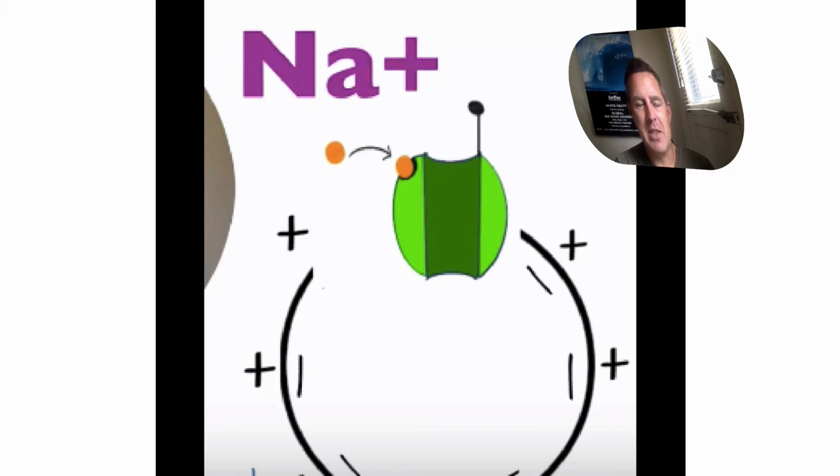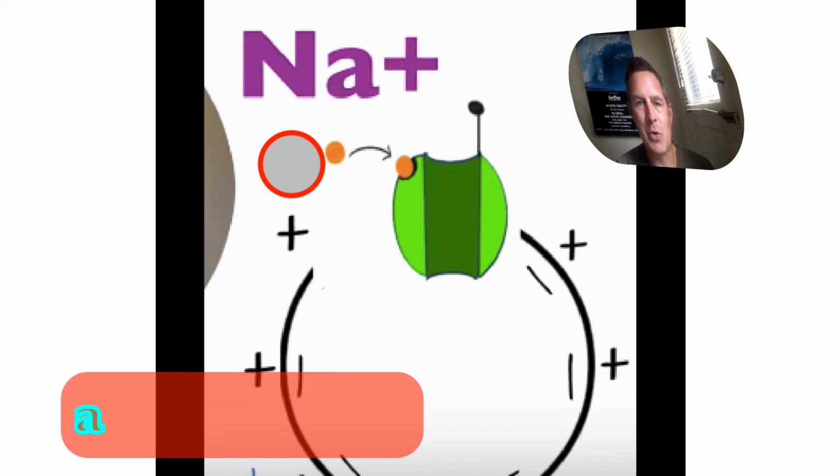Let's pretend this signaling molecule in orange right here, which is the ligand or signaling molecule, let's pretend that's acetylcholine. Don't worry too much about what acetylcholine is right now, but it is a neurotransmitter that we will talk about quite often this semester. Acetylcholine is a signaling molecule that opens up a ligand-gated ion channel.